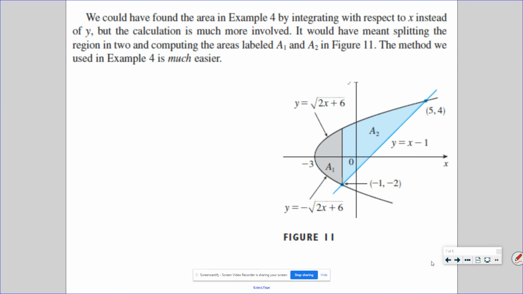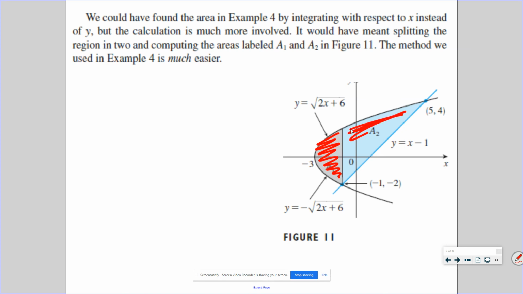Okay, let's take a second look at that last problem. What you could have done is you could have computed this by putting the region into 2 parts. But obviously, it's a lot more messy. So what I mean is I could have said, all right, let me find the area of all this space and get that total.